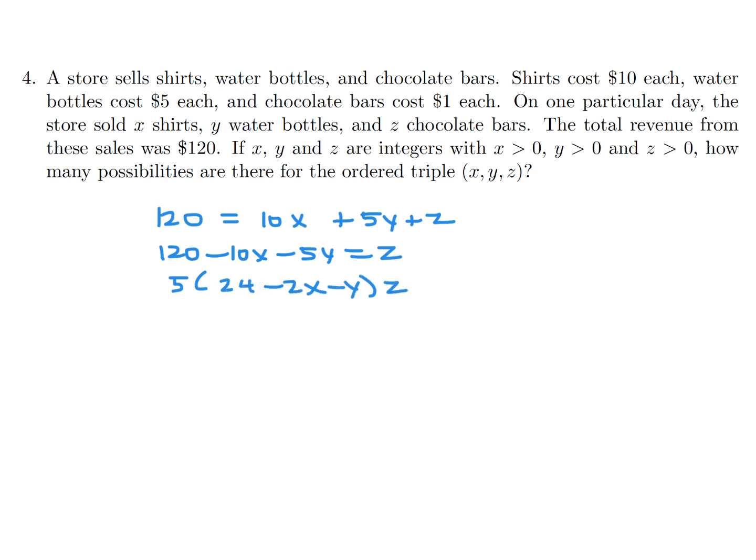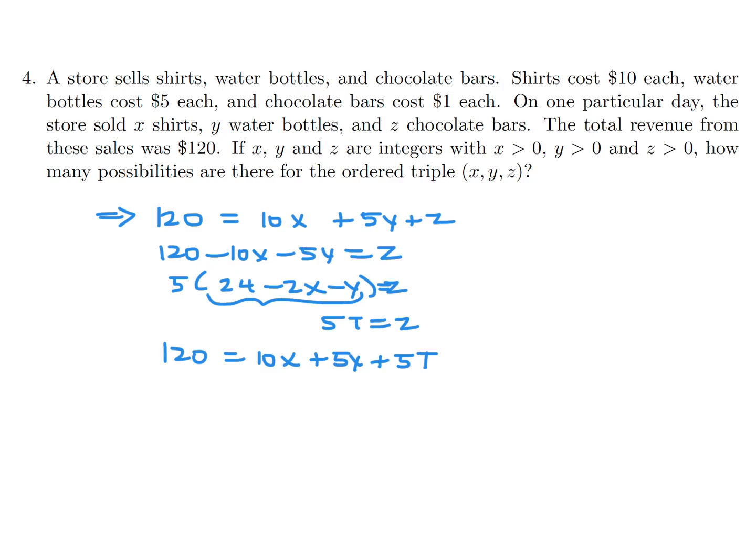So that means that z is basically equal to 5 times something. So I can say that z is equal to 5t, let's say. And if that is the case, then I can put that back into here. So it'll be 120 is equal to 10x plus 5y plus z, but I'm calling it 5t since I'm confident that it's a multiple of 5.